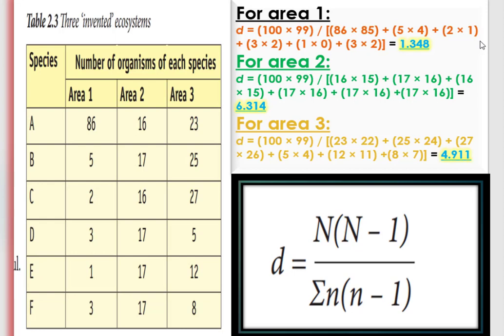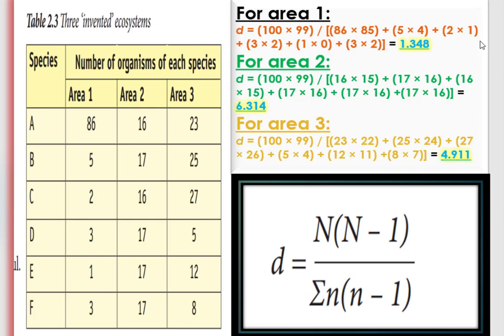So, how can we determine whether a given ecosystem contains high biodiversity or not? To determine the biodiversity status of a given ecosystem, we can calculate the biodiversity index by using Simpson's index.